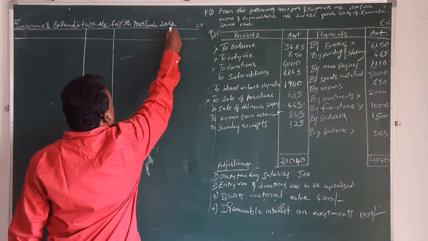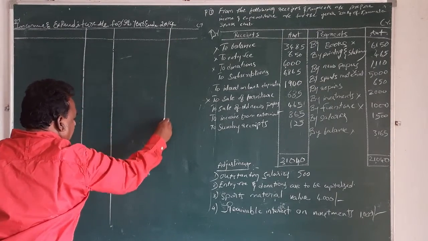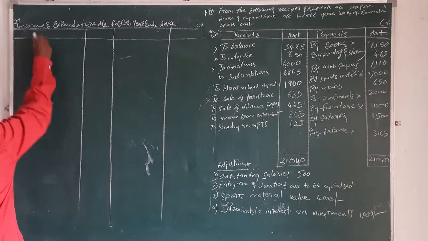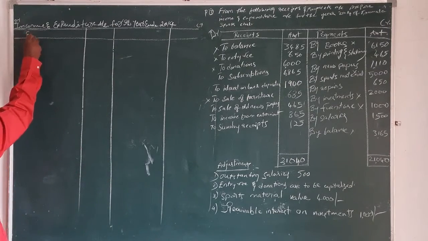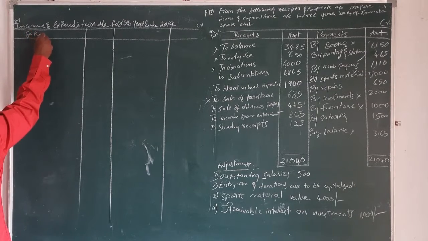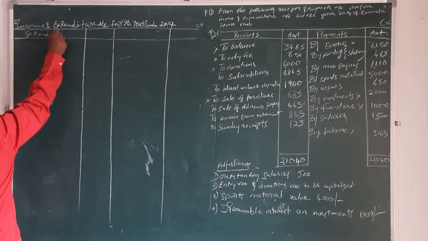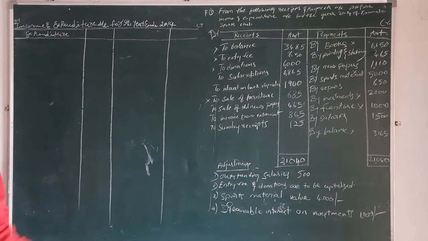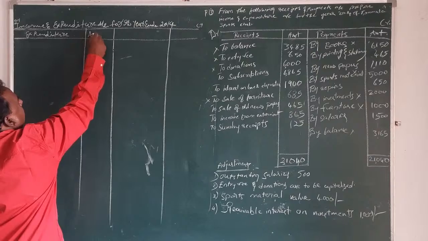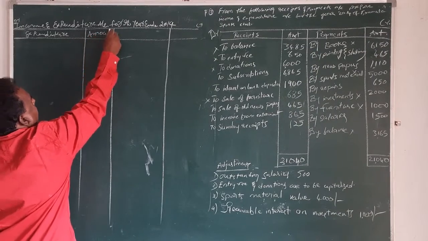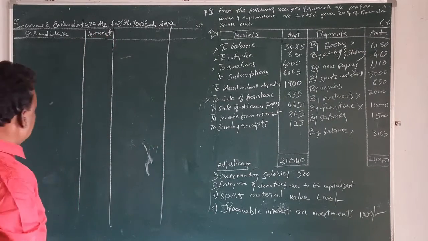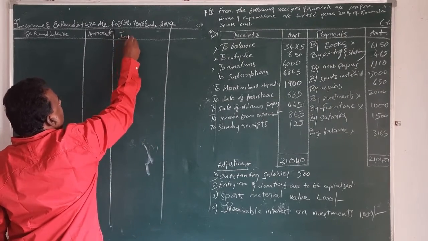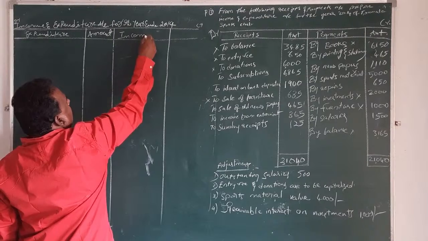Similarly, the credit side has been divided: income column, amount column.